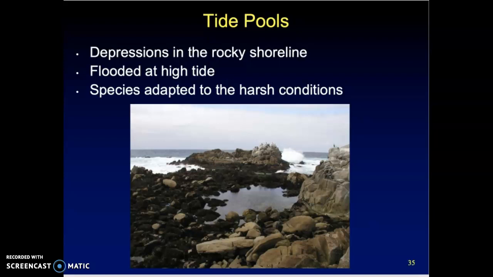So anything living in that tide pool has to deal with significant fluctuations in temperature, pH, salt levels. As that water evaporates, your salinity increases significantly. You get a heavy rain, all of a sudden you're full of fresh water. So really, really difficult conditions. But there's life adapted to the tide pools. There's actually some really cool creatures in the tide pools.